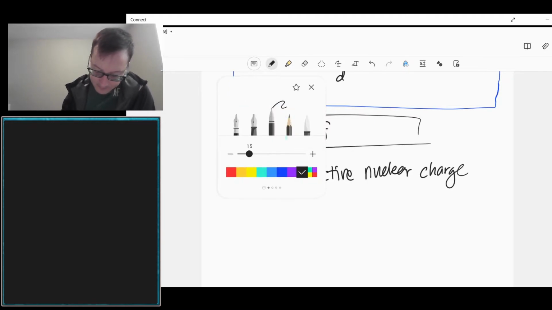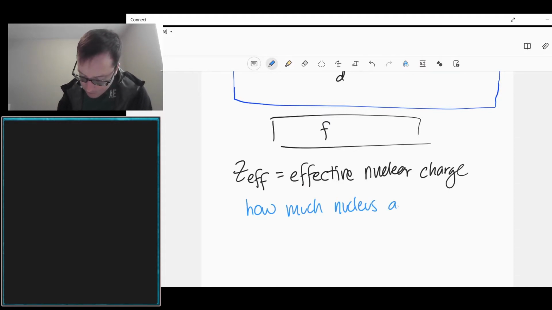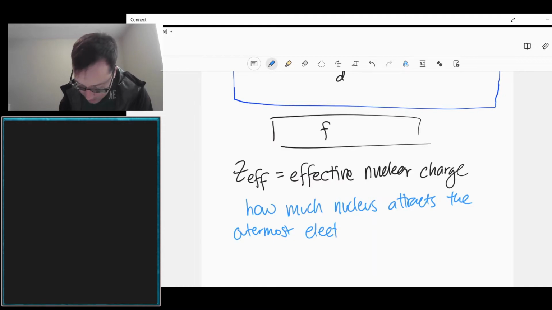So it's a relative thing here. It's just how much the nucleus attracts the outermost electrons. That's one way to phrase it. There's probably 15 different definitions, but this is one that works for me.